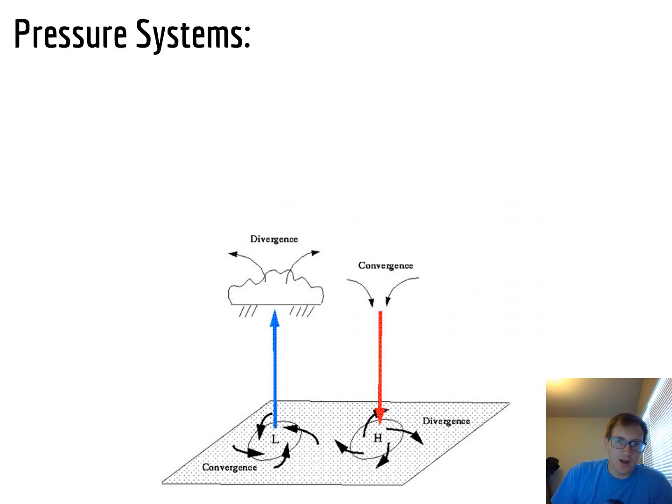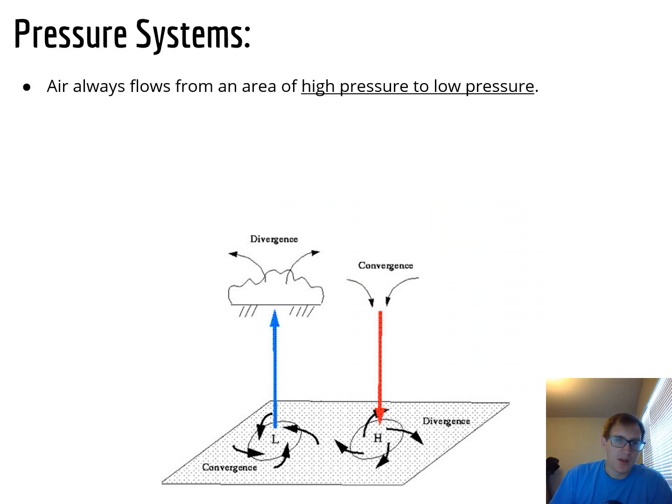All right, so let's talk about pressure systems real quick. Air always flows from an area of high pressure to low pressure. So if you have a low pressure system, then air is going to flow in that direction. If you have a high pressure system, then it's going to flow away from that direction.